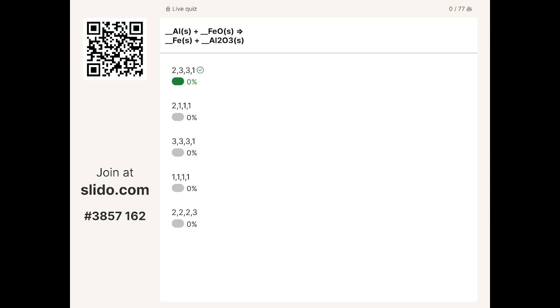Anyways, let's go ahead and hit the next one. Al solid plus H2SO4 aqueous. This is then going to yield Al2(SO4)3, with the SO4 in parentheses followed by a 3.